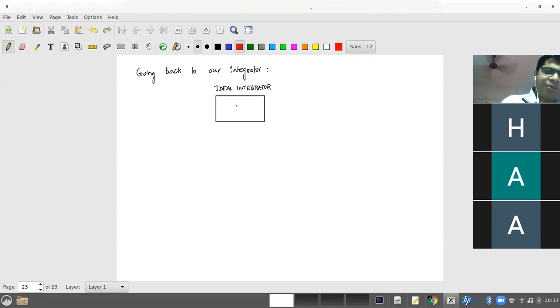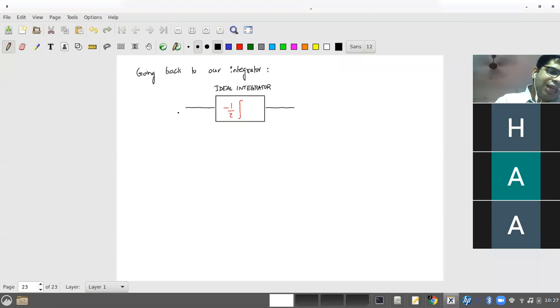This guy basically does the following operation: it does -1 by tau times the integral. The minus sign is just there because I've started with an inverting configuration. Does not matter, but I'm assuming that to be my ideal integrator, including the negative sign. Does not matter for this discussion.